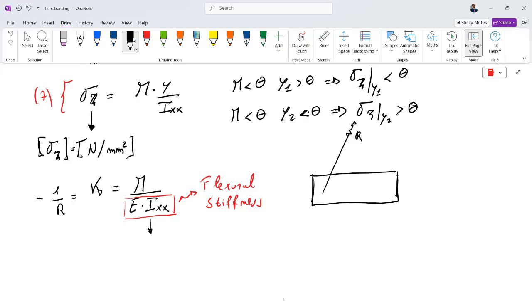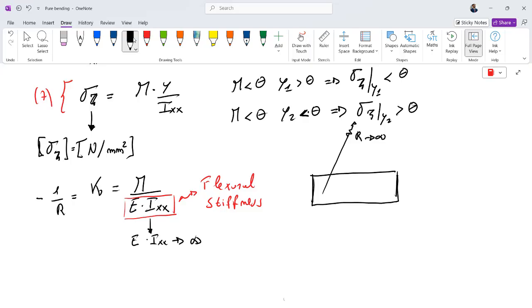In the extreme case, when E times Axx approaches infinity, r approaches infinity, and C, the center of rotation, approaches infinity.